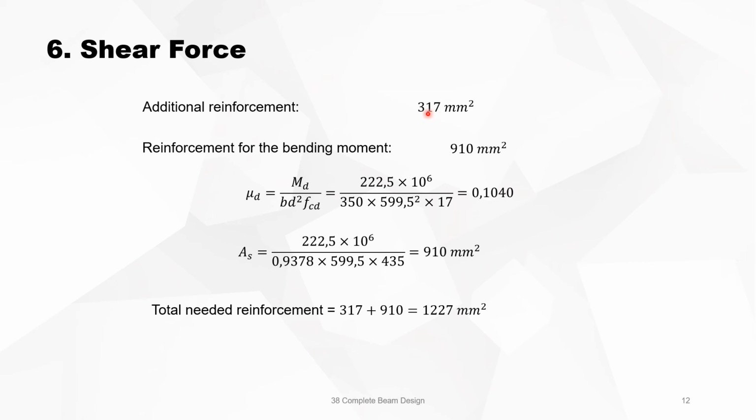But we need for shear reinforcement 317, for bending 910, together it's 1227, and we have put everywhere 4 diameters 25, so that is okay.